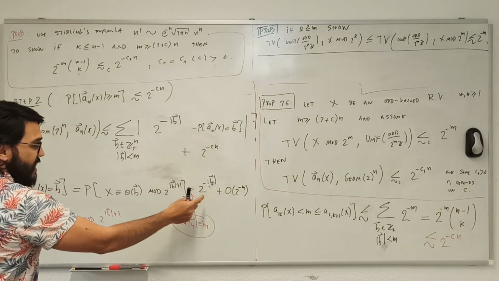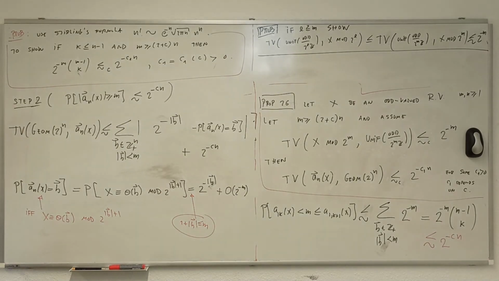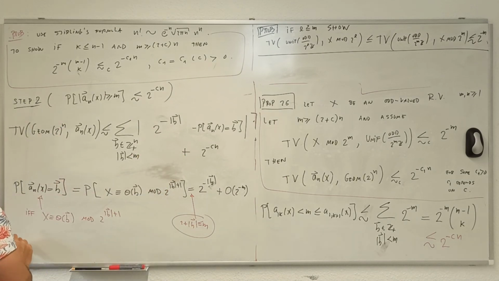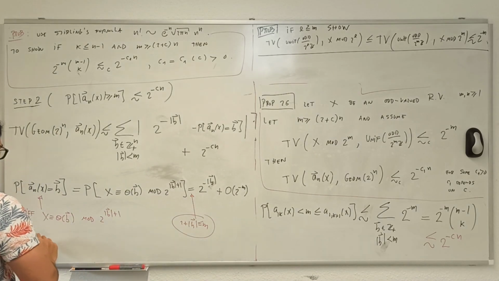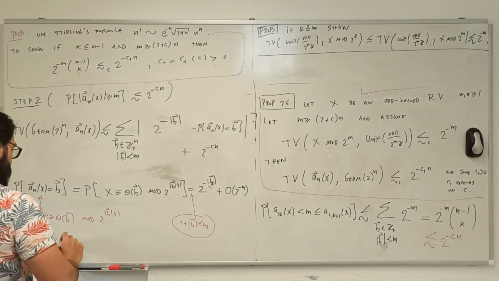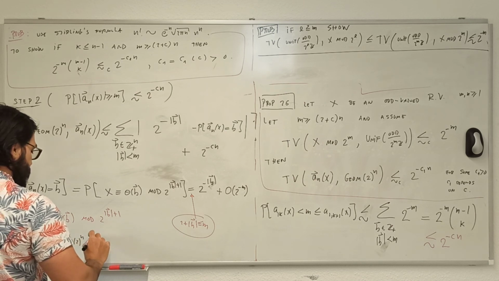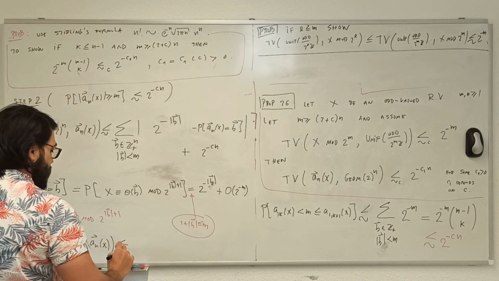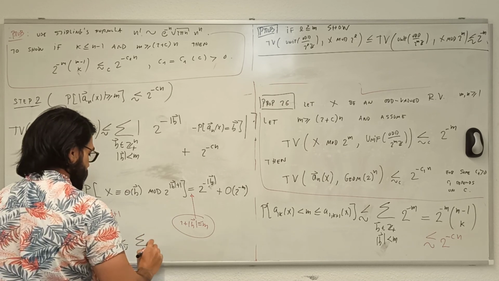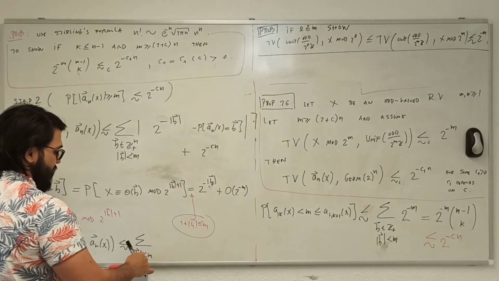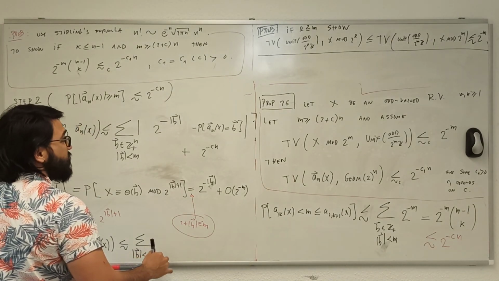So if that is true, then what I did here is indeed possible. So then I can replace this thing in here. So then we conclude that the total variation of geom 2 of n and an of x is close to the summation of the b's, which are less than m, again, positive integer vectors.